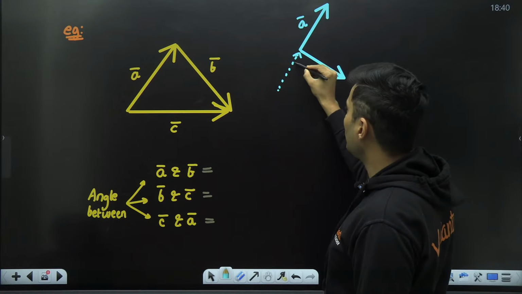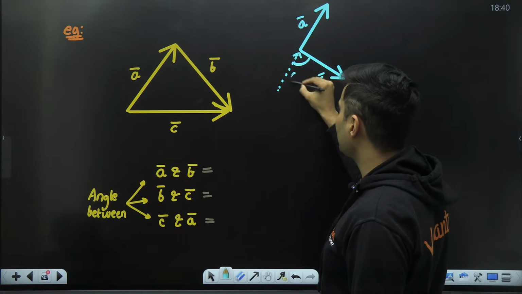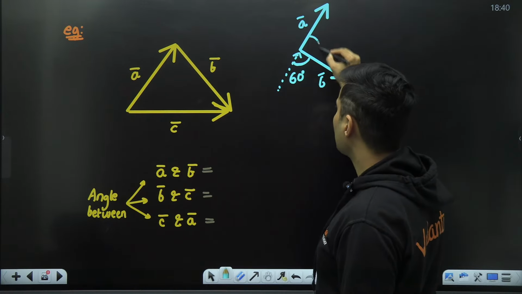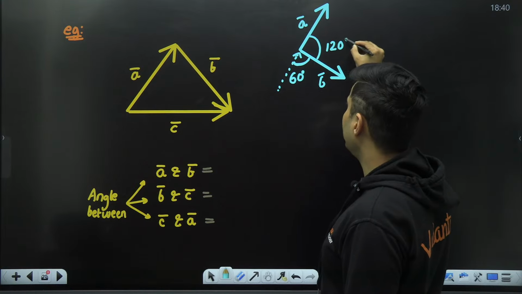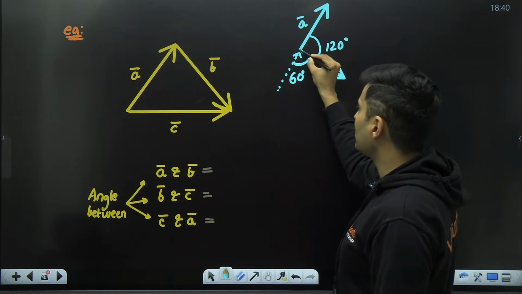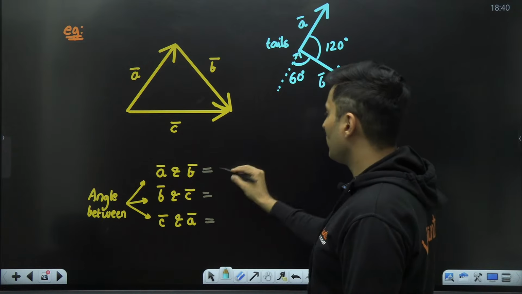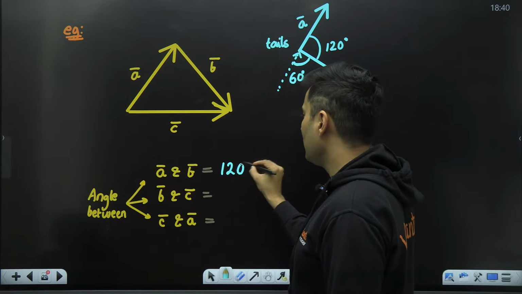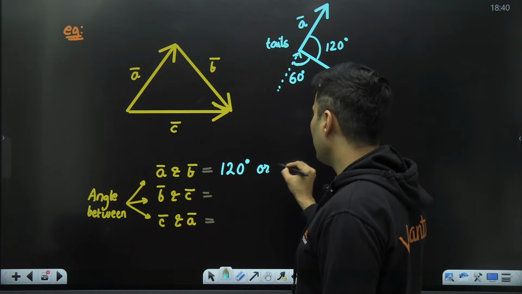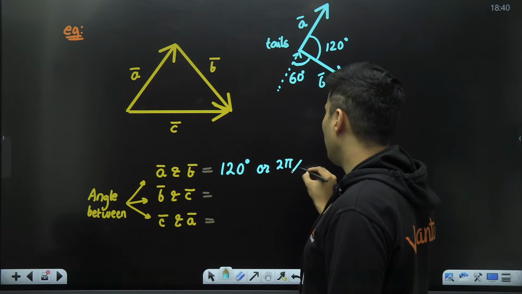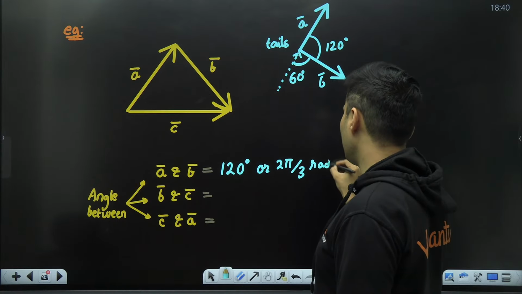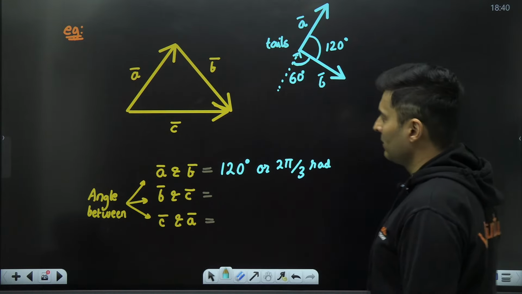Usually this angle was 60 degrees, so this will be 120 degrees. This is the right way because now both their tails are together. So the correct answer between A and B is 120 degrees, or you can use 2 pi by 3 radians, one and the same thing.